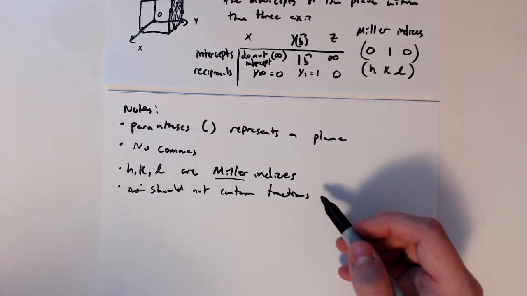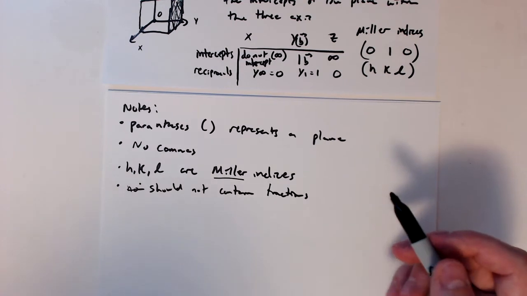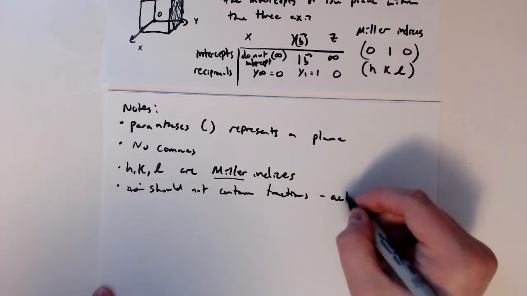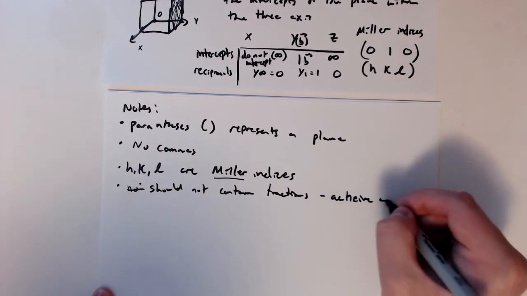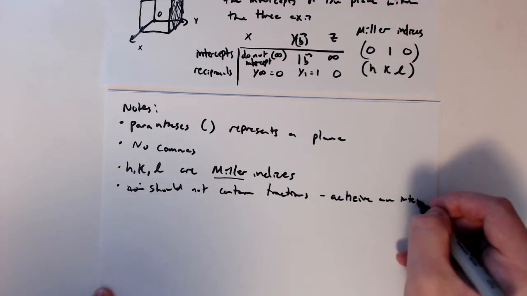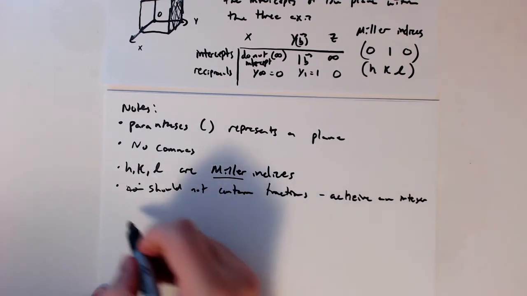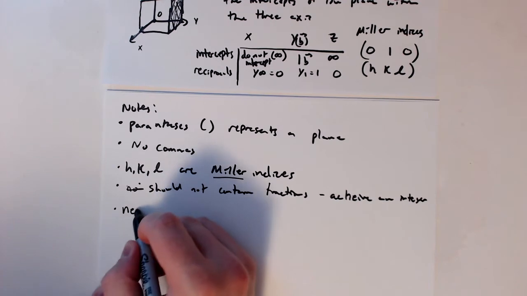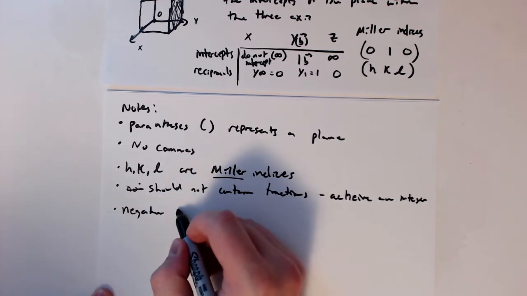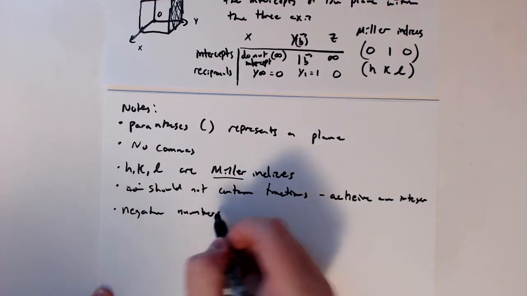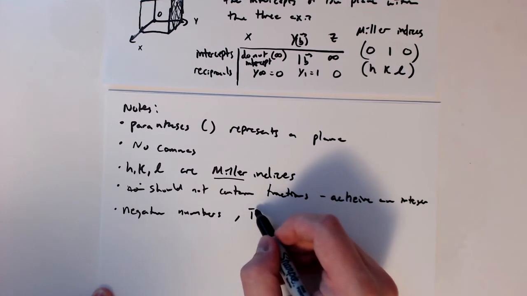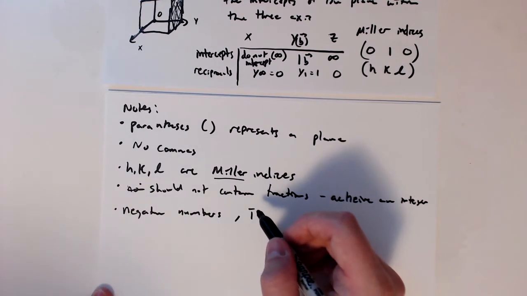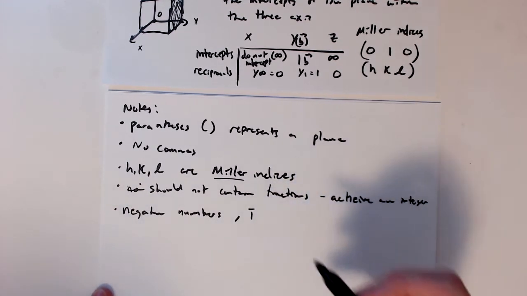So we'll typically multiply by a common factor to achieve an integer. And then same way, if we have negative numbers, we represent that with a bar over that number, and we say it the same thing. So a bar over the indices.